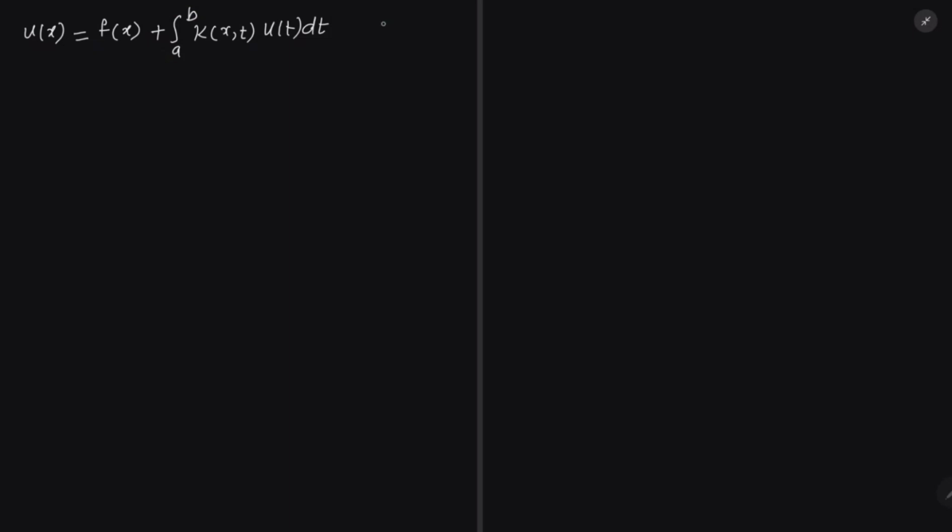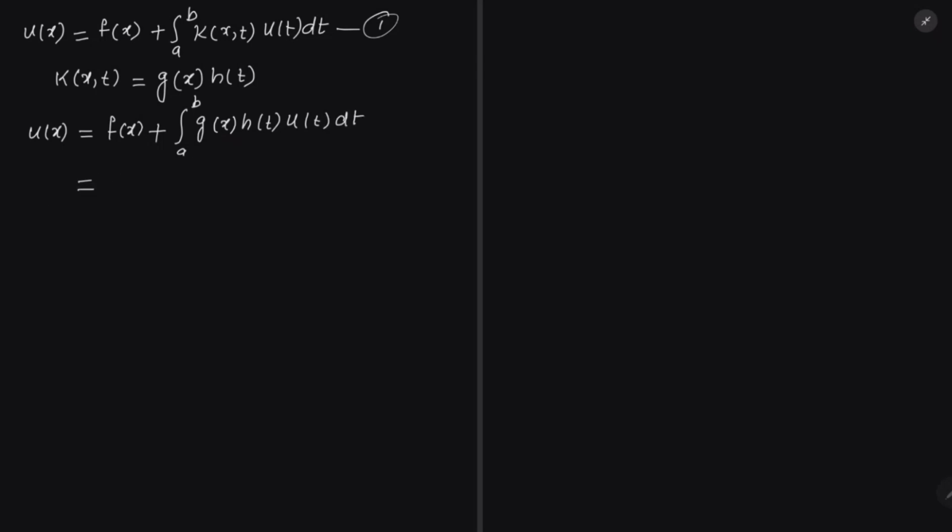We solve this by the variational iteration method. The first assumption that we need to make here is that the kernel is a degenerate kernel. The degenerate kernel is such a kernel which is written as g of x and h of t. We put the value in equation number 1. u of x is equal to f of x plus the integral from a to b of g of x h of t u of t dt.